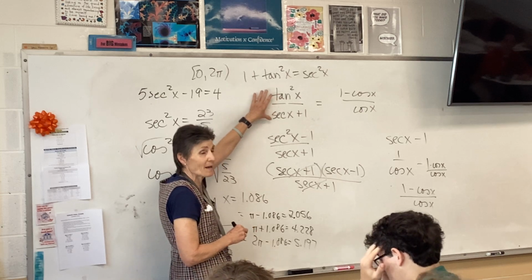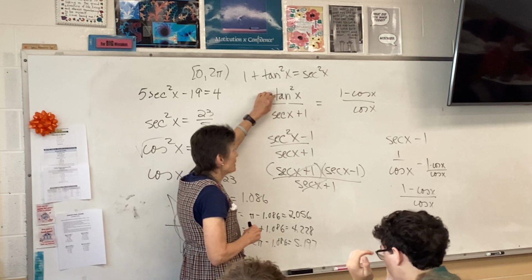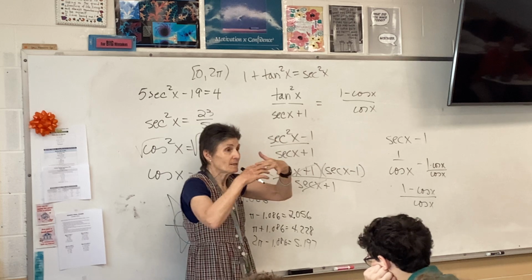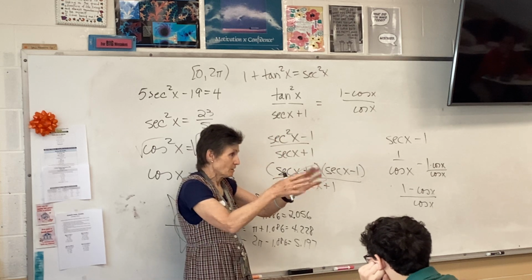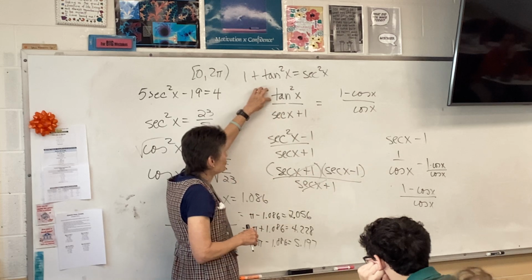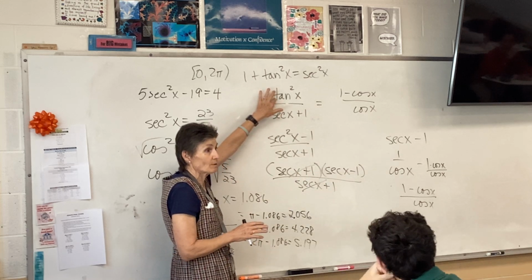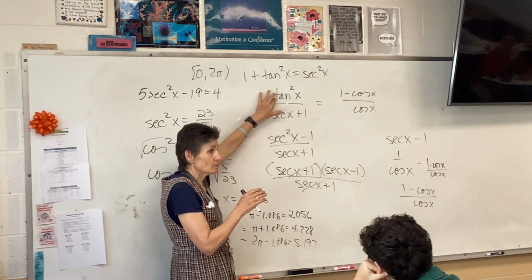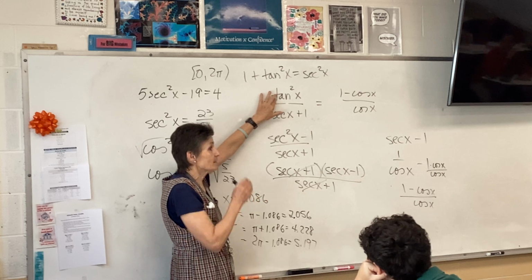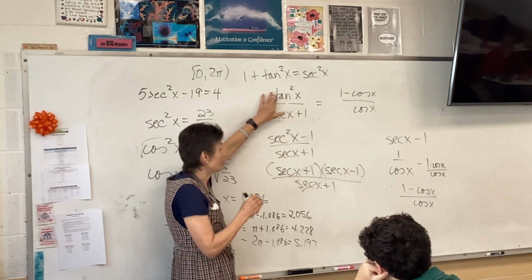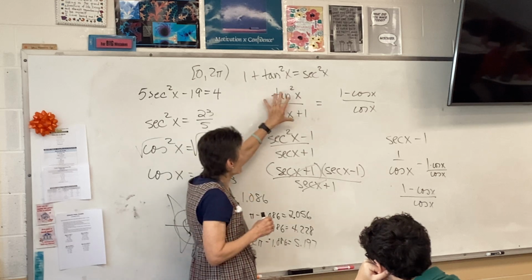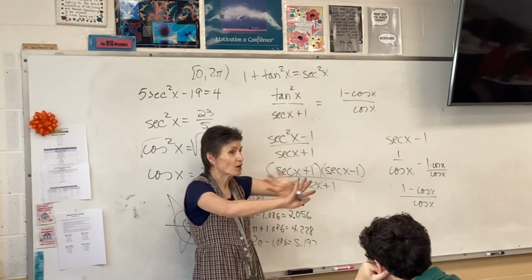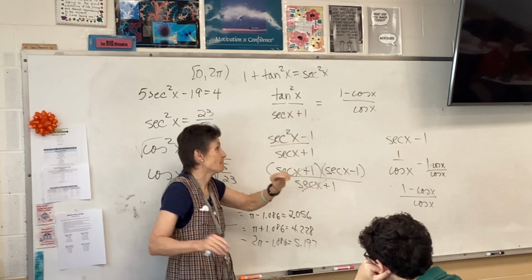the building blocks of trigonometry are sine and cosine. So could you change tangent squared into sines and cosines? Yes, sine squared over cosine squared. Secant is 1 over cosine. So you could have taken this and just changed it all into sines and cosines.